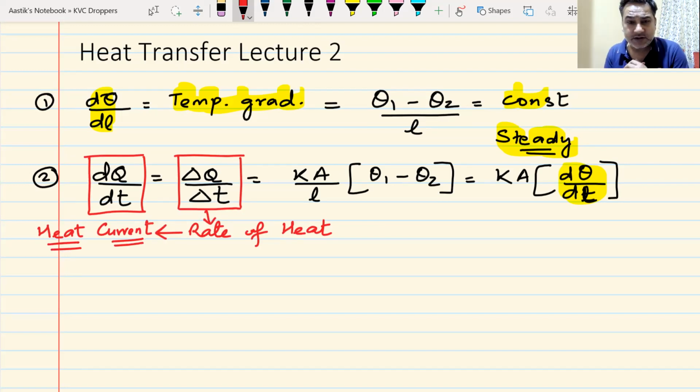So delta Q by delta T or dQ by dt, which is the rate at which heat is flowing in conduction, can also be called heat current. Do we understand this? Can I have some raise hand that we understand this? I'll give you a minute to note this down. Please note it down.